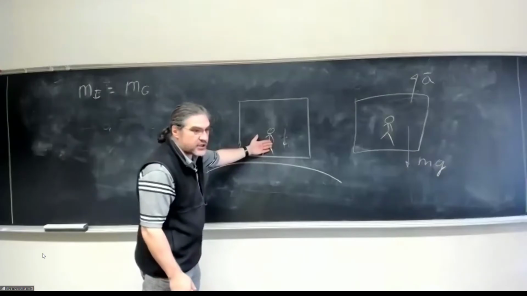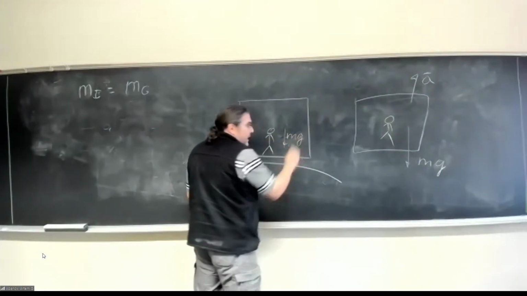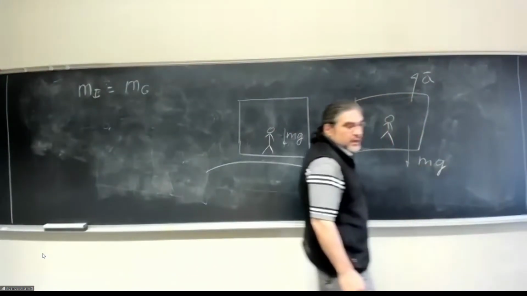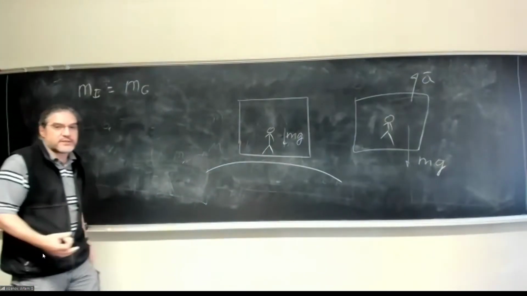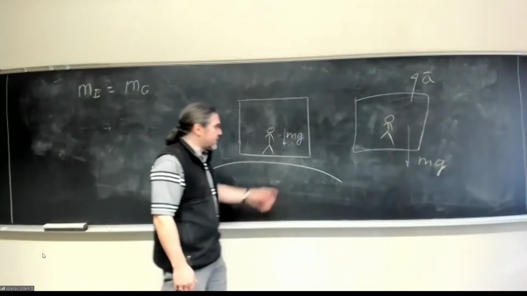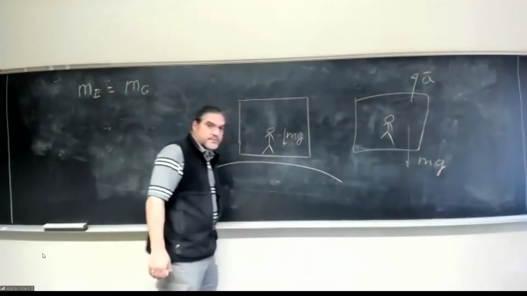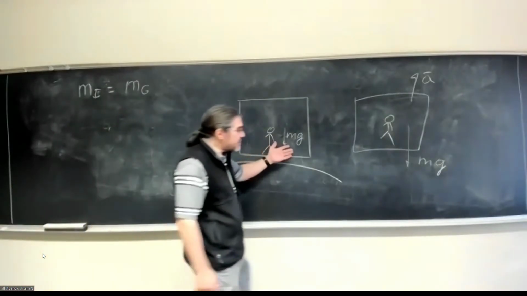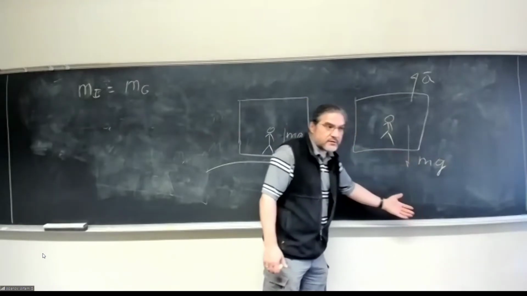If you stay here, gravity applies a force which is also mg, and there is no way to tell this force from that one, because the masses are exactly the same for all objects, the inertial mass and the gravitational mass. So there is no difference between being in gravity and accelerating.